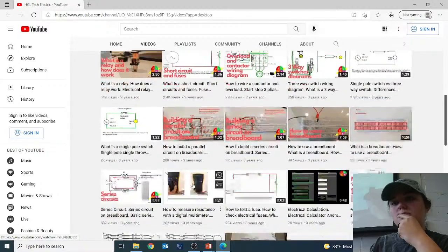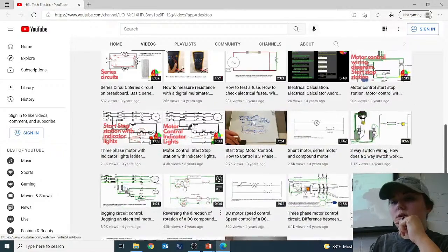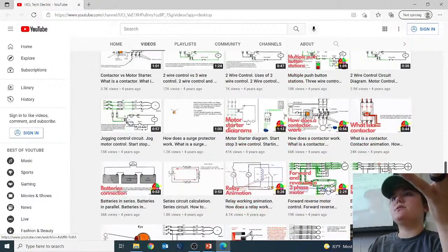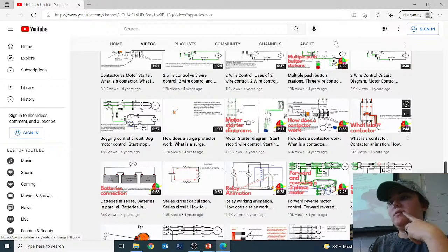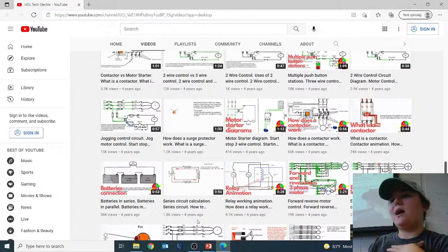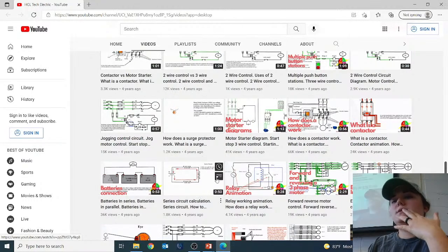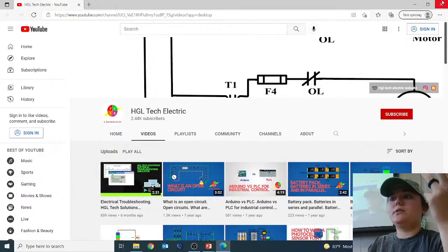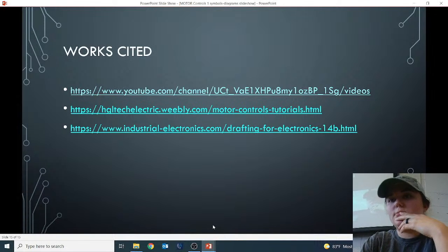Let's see. Motor control, indicator lights, start stop switch. It's just a good thing. If you're really wanting to get into it and you don't understand something, it'll describe it to you in a way that even I can remember it after 5 years of not touching this stuff. So I would write that down, guys. HGL Tech Electric is a good YouTube channel to look at.